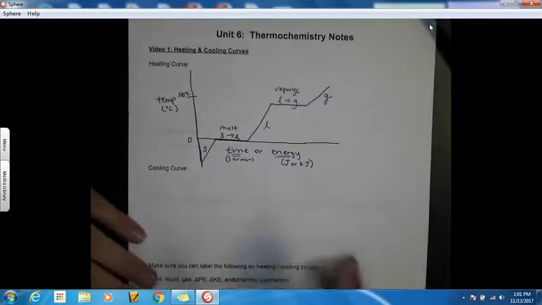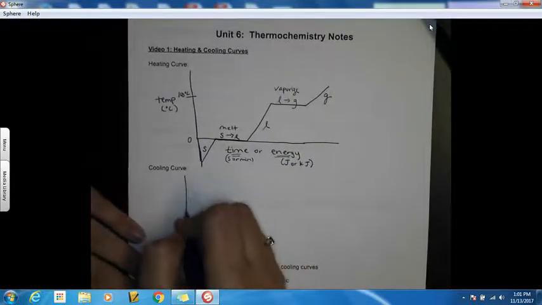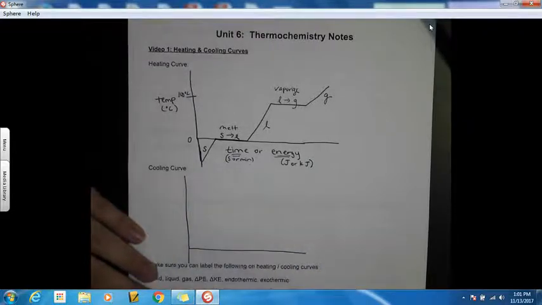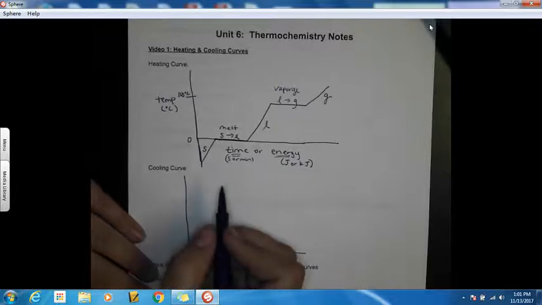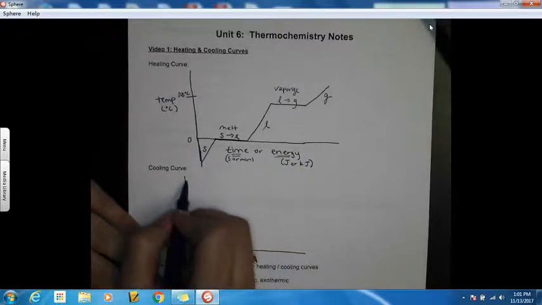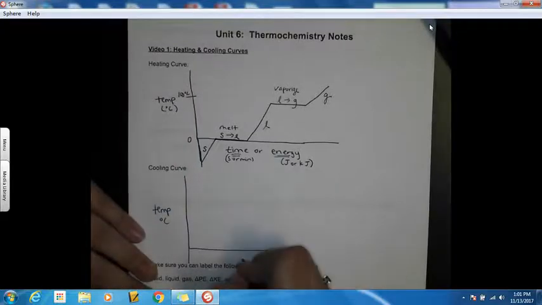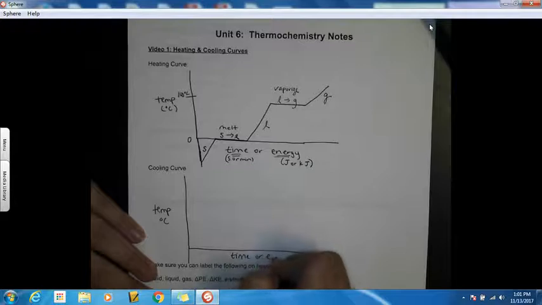Alright, so if we look at a cooling curve, you might expect that it will look the opposite, right? So again, a cooling curve would start with your substance as a gas. Again, we have our temperature in degrees Celsius, and here we would have time or energy.